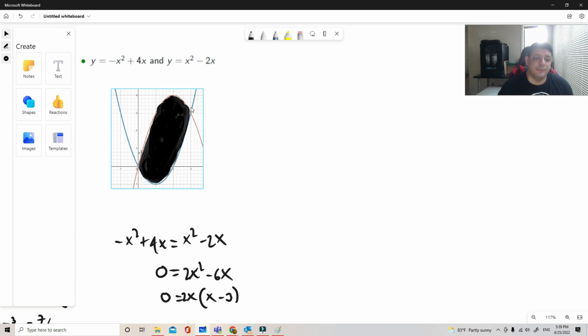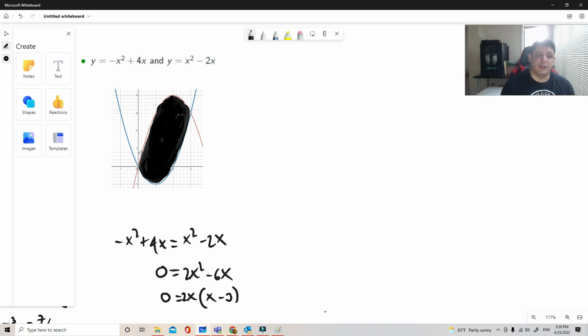And from below, we can see the points where we're going to get the intersection. Turns out that if minus x squared plus 4x is equal to x squared minus 2x, we can write that as 2x squared minus 6x, and that's going to give us 2 points of intersection, one at x equals 0, the other at x equals 3.